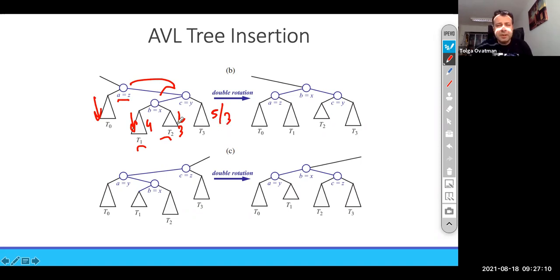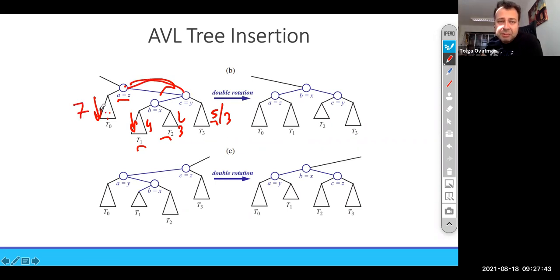So since there is a balance between those, this might be 4 or this might be 3. Both will work. Because if this is 5, then the difference between the levels is 5 minus 4, 1. If this is 3, then the difference is 4 minus 3, 1. Both work. But if the depth is 5 in here, the depth for here, because of the left and right, might be 5 plus 1 plus 1.